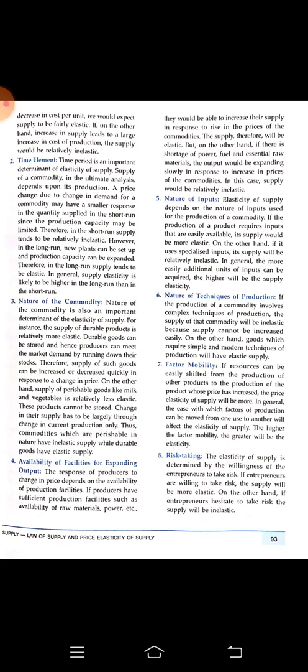Then he will shift to producing something else. Then we will find that the supply of that single commodity is increasing, because maximum suppliers will try to supply the same thing, since they find that the price of that product is high at that moment.